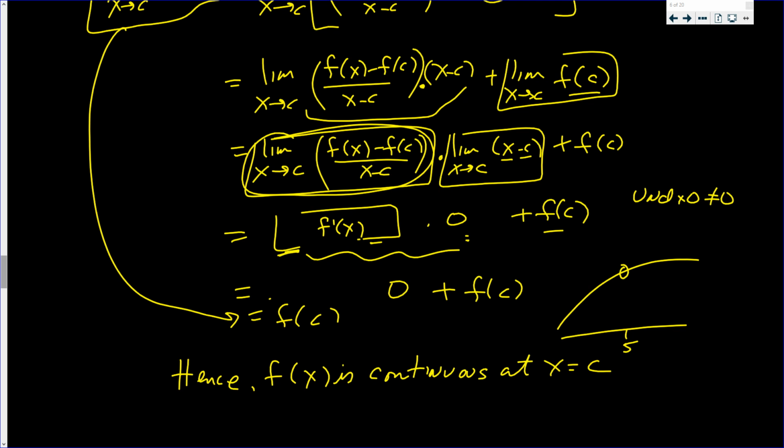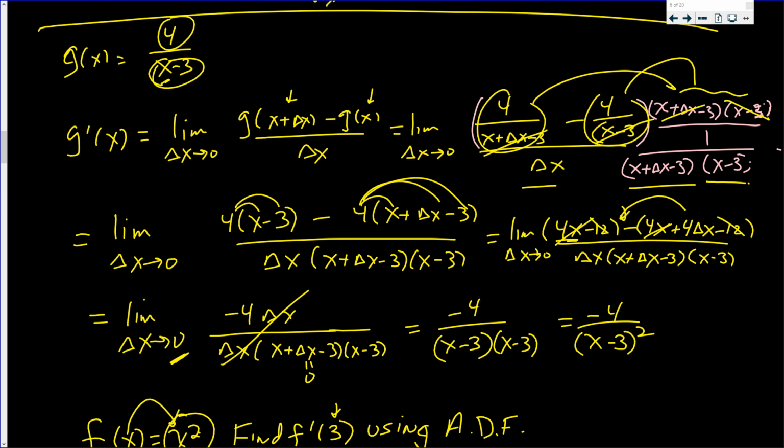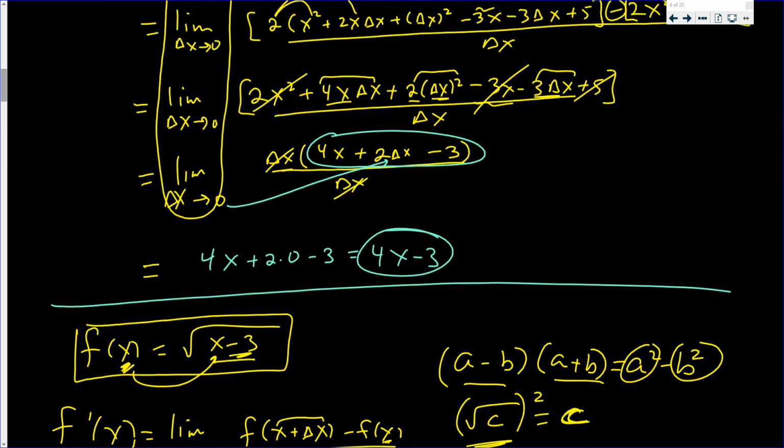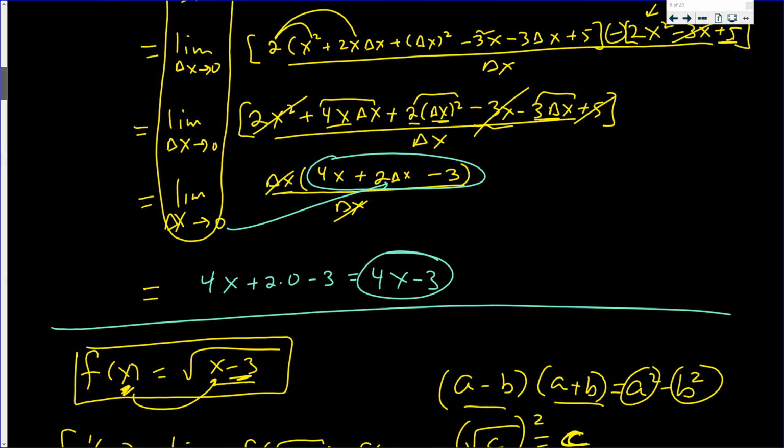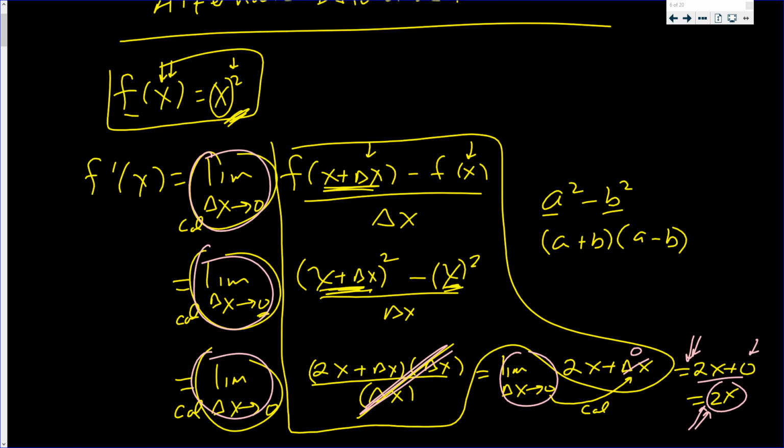If it's differentiable at c, it must be continuous at c. That's what this theorem proves. Okay, this completes the video on finding the derivative of some functions using the derivative and alternate derivative formula.